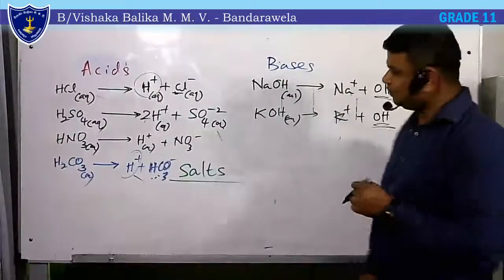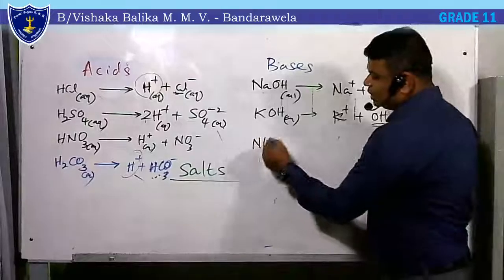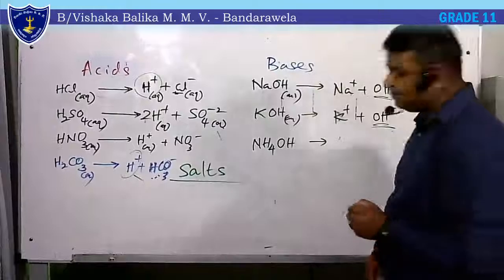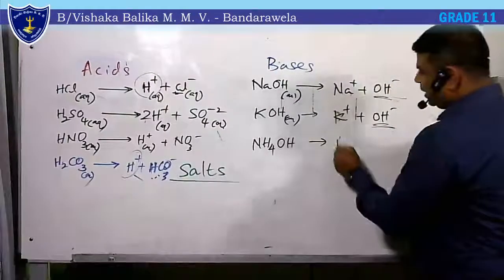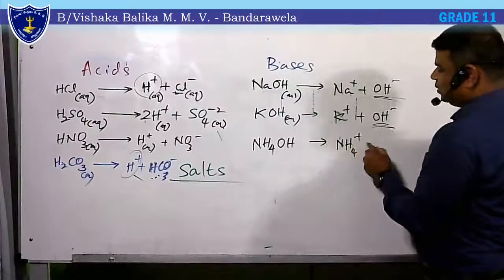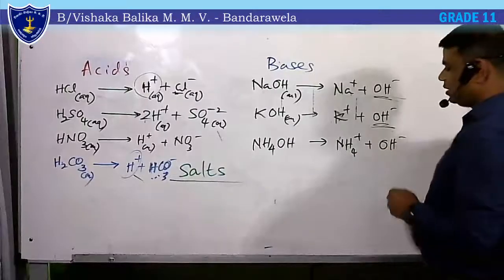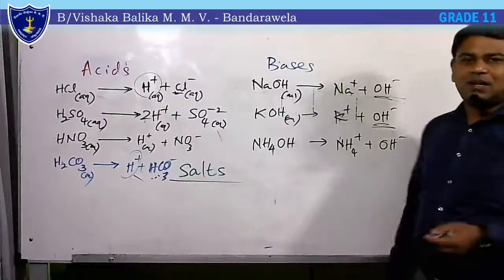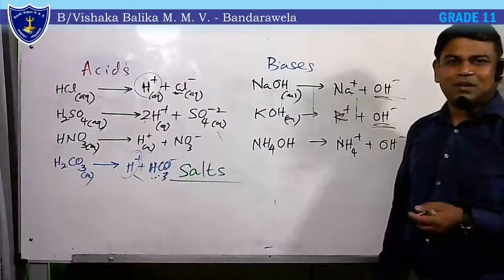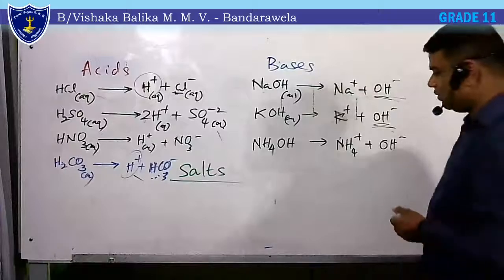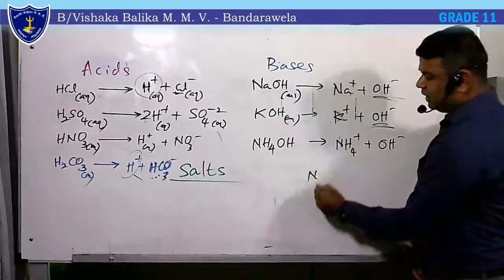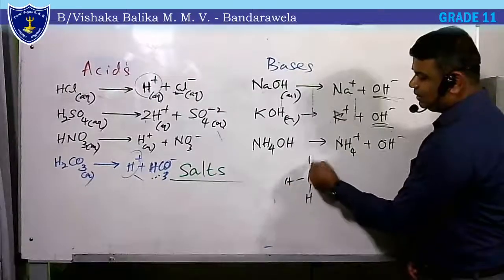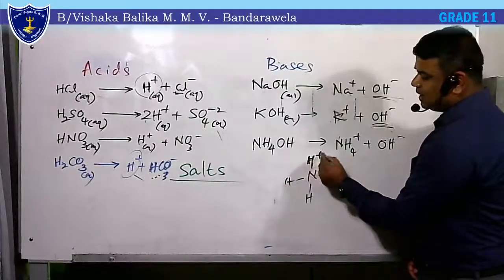Strong base. A weak base, NH4OH, ammonium hydroxide. What happens this time? NH4 plus and OH minus. You may say that also has released hydroxyl completely. How can this be a weak base? But there is a fact we have forgotten. When you draw the NH4, there are three hydrogens completely bonded with the nitrogen, and one hydrogen stays as a plus.